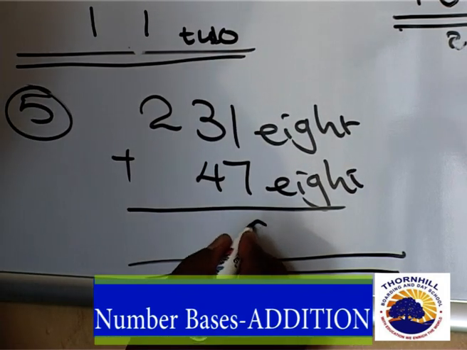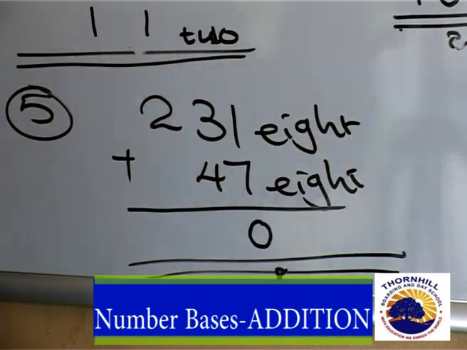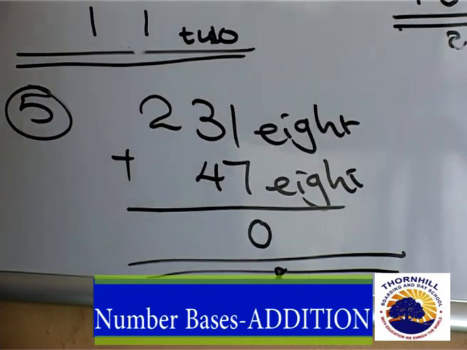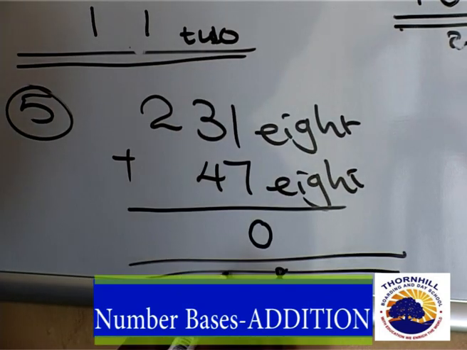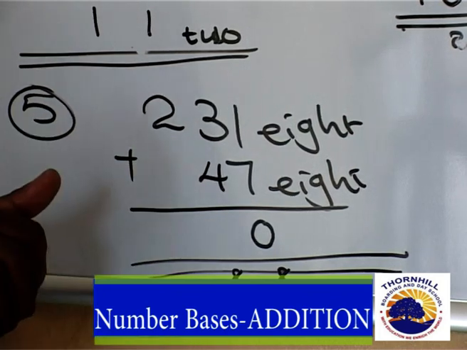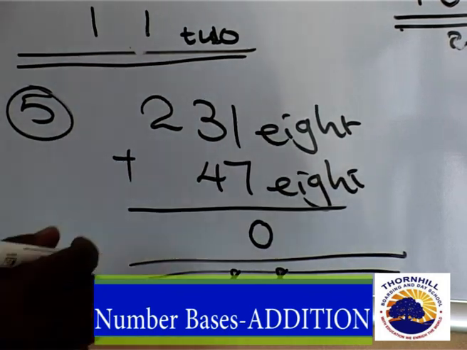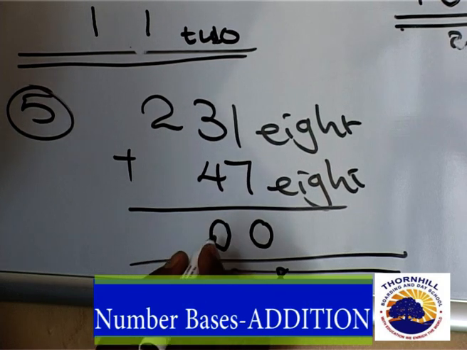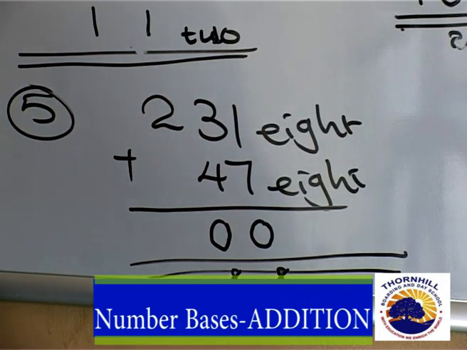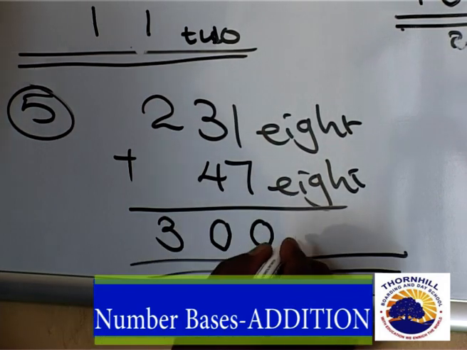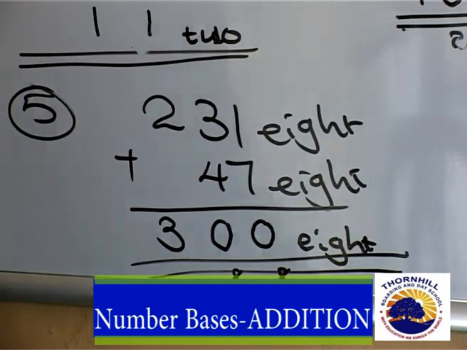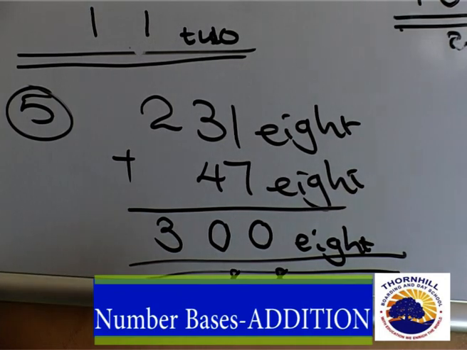The remainder is a 0. The remainder is what you write. The 1 you remember. 4 and 3 gives you 7. Then 7 plus the 1 you are remembering again gives you an 8. You can't write the 8 because there's no 8 in base 8. Then you say 8 into 8 is 1 time. The remainder is 0. Again, write your 0 and you remember the 1. Then 2 plus nothing is 2, plus the 1 you are remembering gives you a 3. And this one gives you 300, base 8.